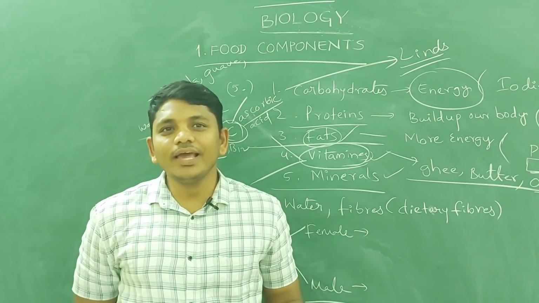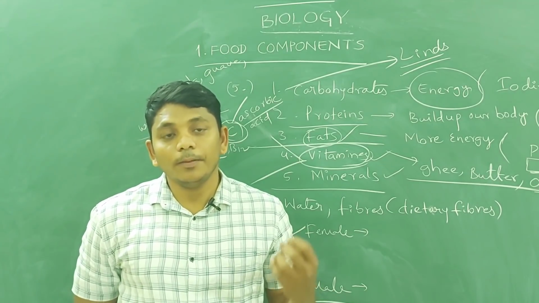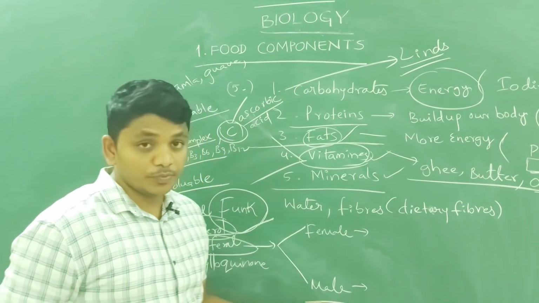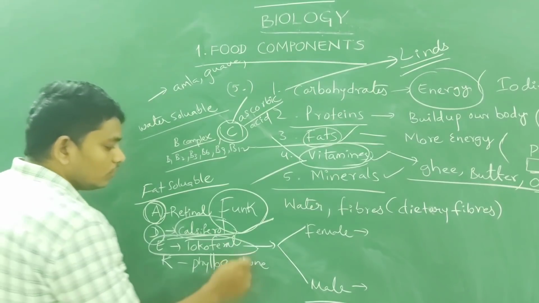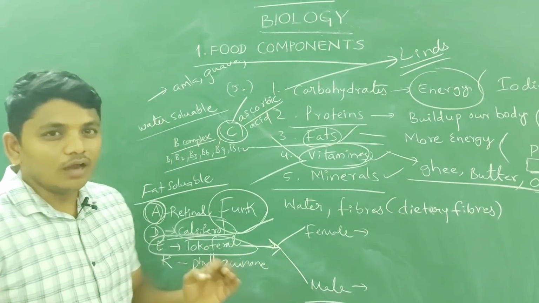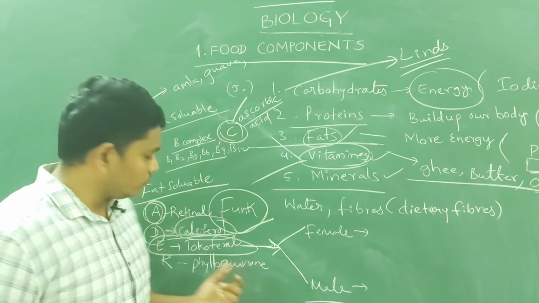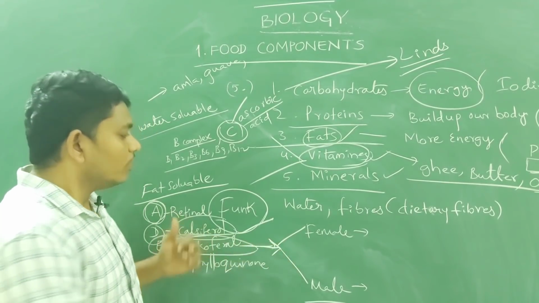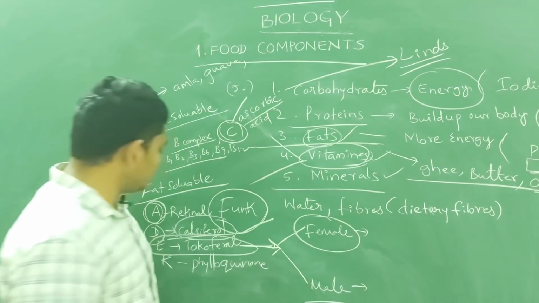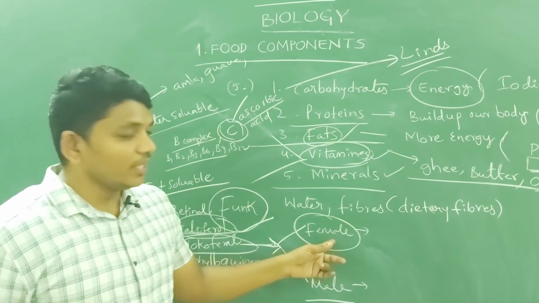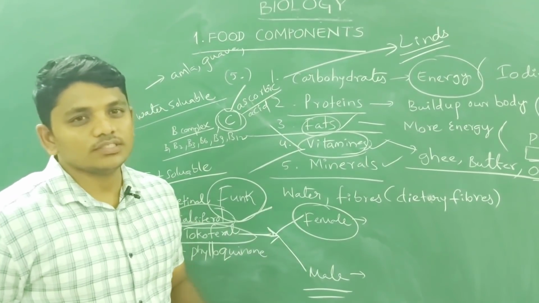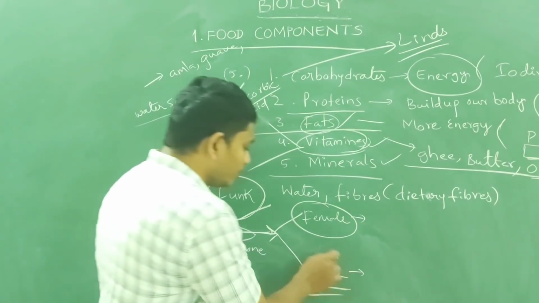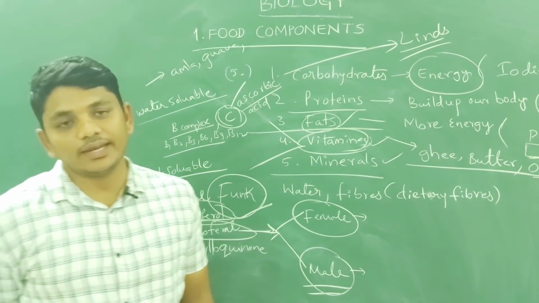Then male characters may be reduced and female characters may increase in such people. If females do not have much tocopherol, they will face menstrual cycle problems. Males will lose male characters and develop some female characters.